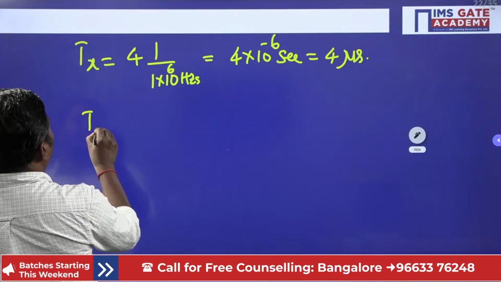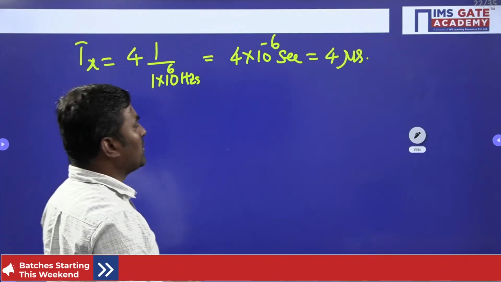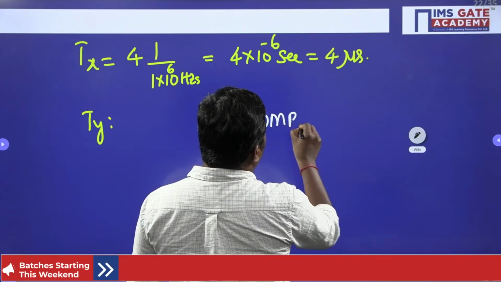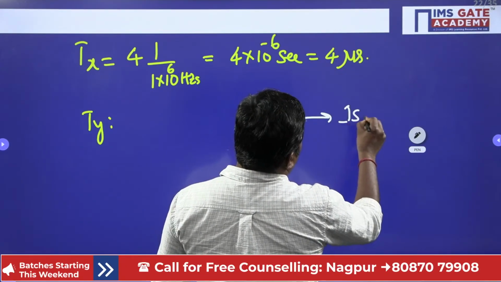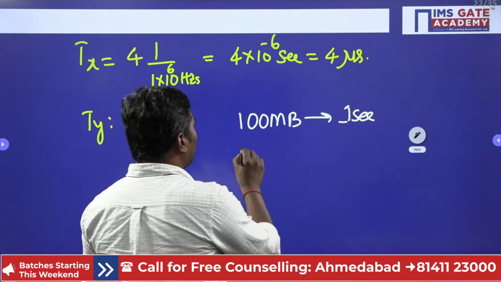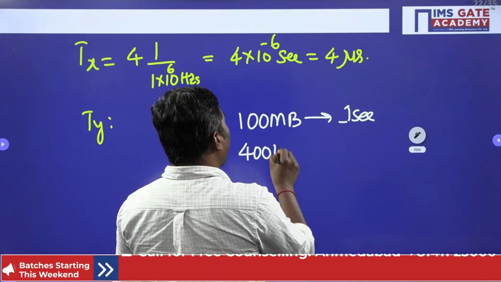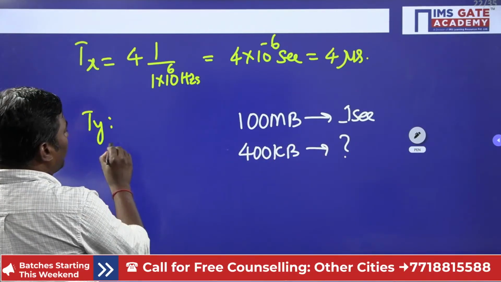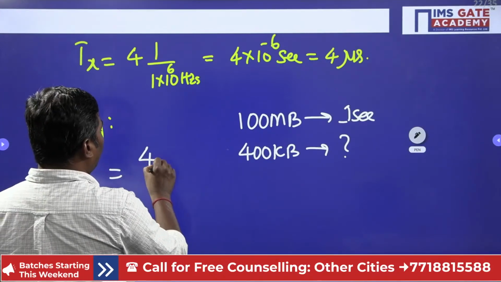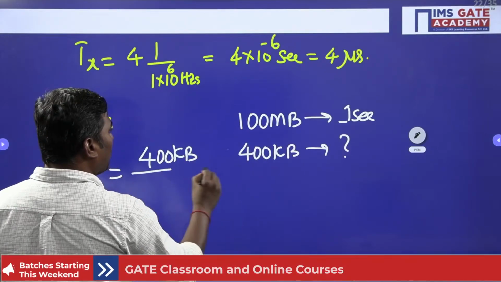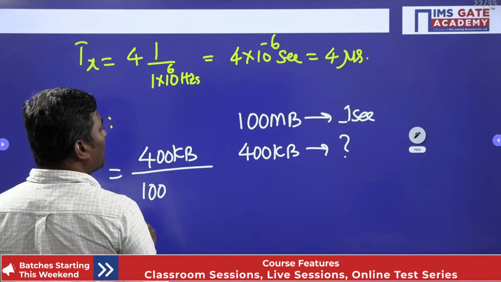Now we need to find TY, the data transfer time. 100 MB, megabytes per second, is the device rate, but I don't want to transfer 100 MB. How much data needs to be transferred? 400 KB. So TY equals 400 KB into 1 second divided by 100 MB.